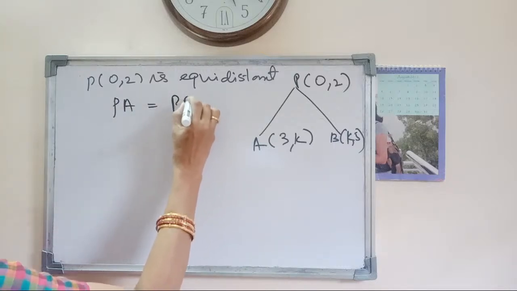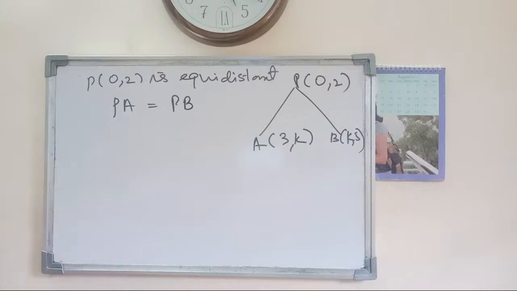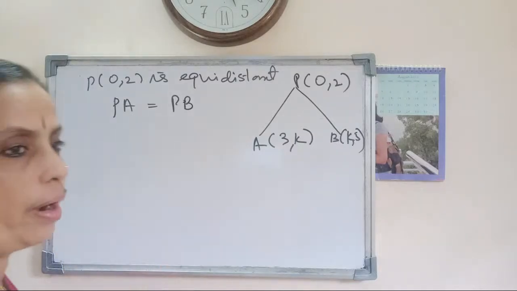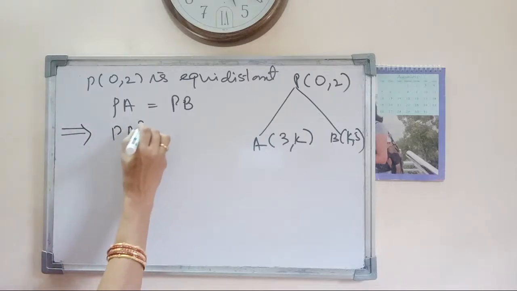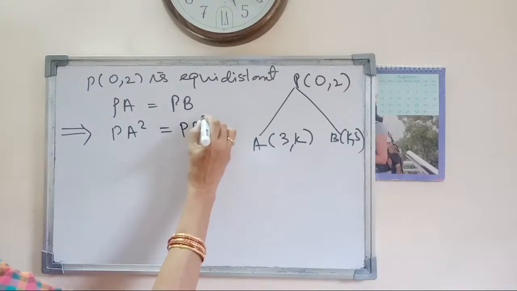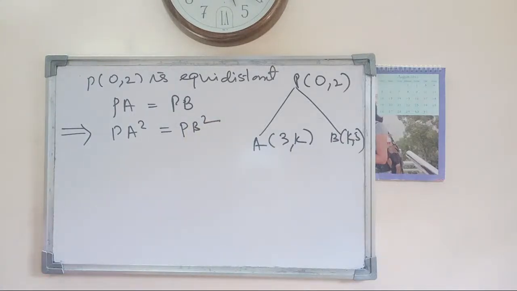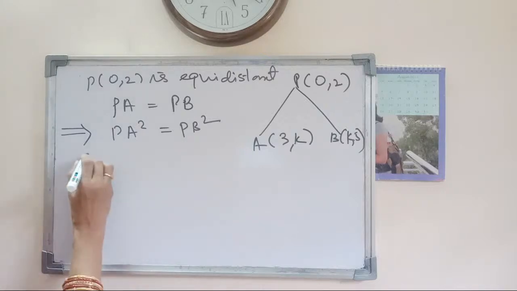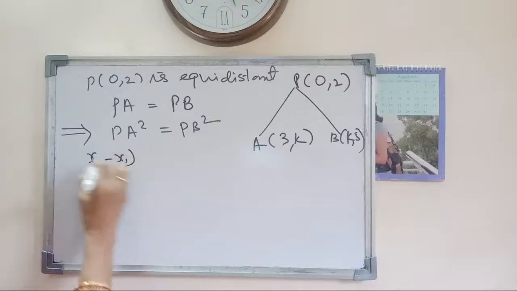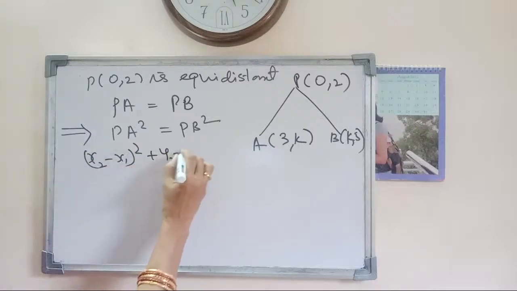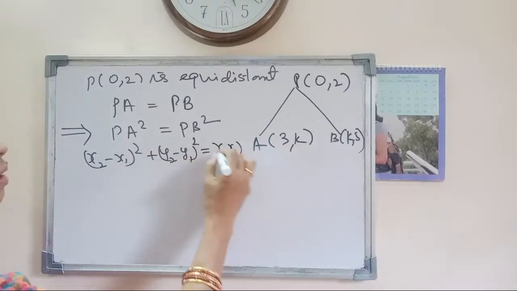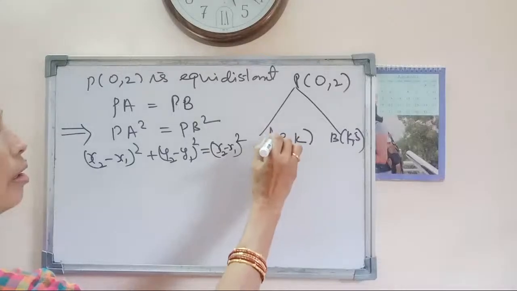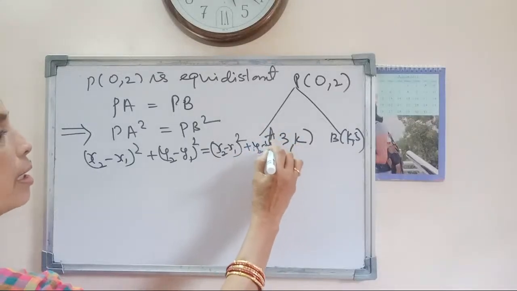So for each, we have to apply the formula. In order to avoid the root, I will make PA equals PB as PA square equals PB square, so that the root of the distance formula we can take off. You will get just (x2 minus x1) whole square plus (y2 minus y1) whole square equals (x2 minus x1) whole square plus (y2 minus y1) whole square.